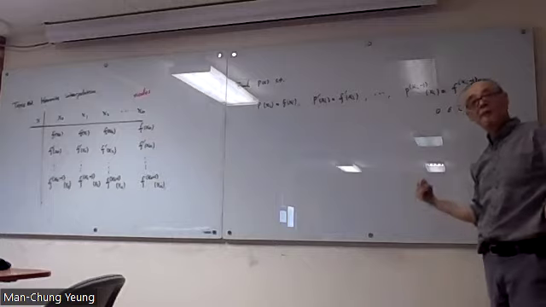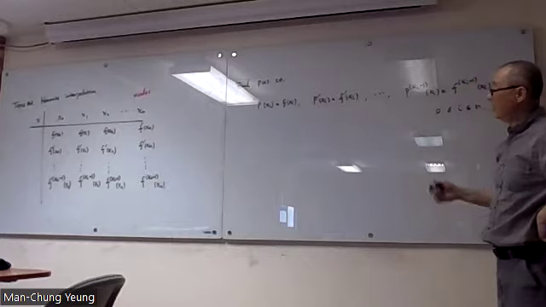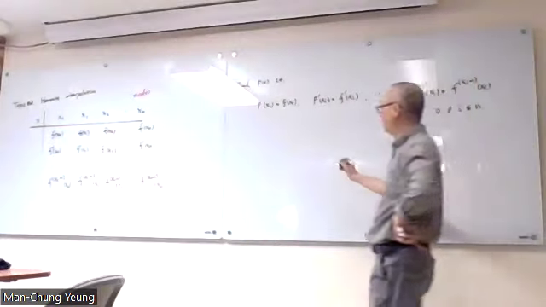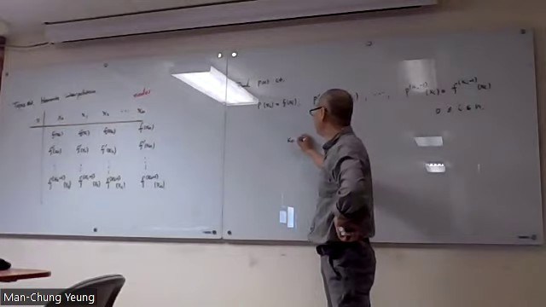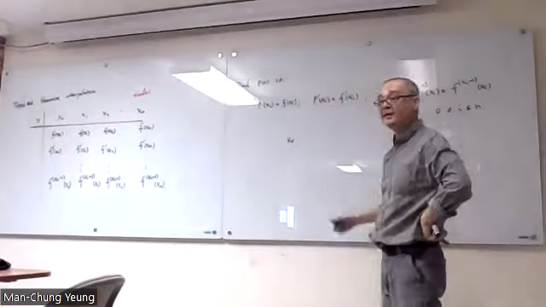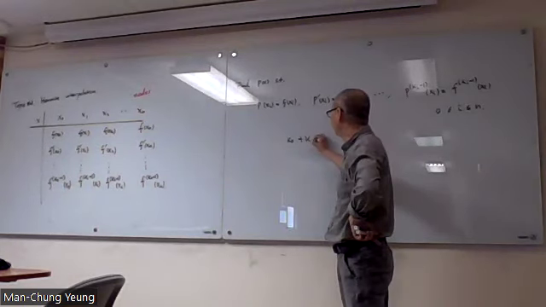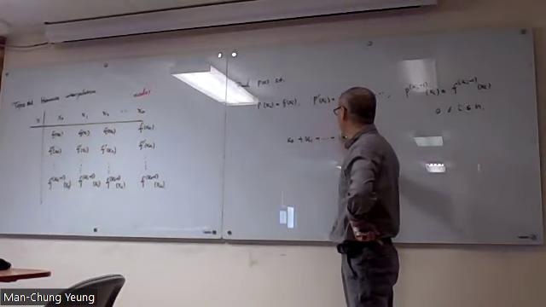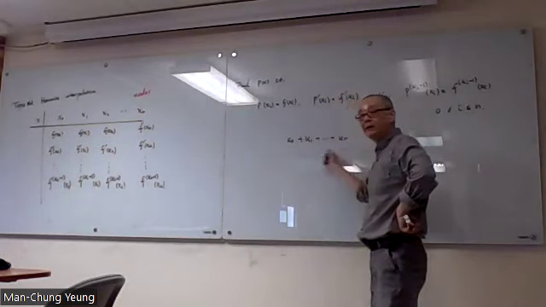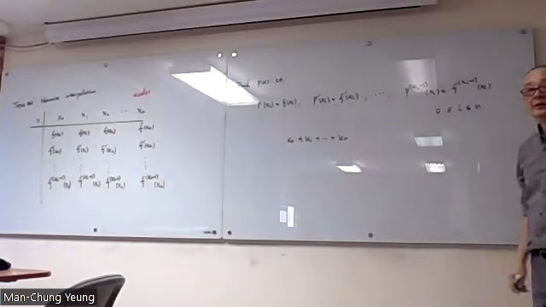How many equations? For i equal to 0, we have k0 equations. For i equal to 1, we have k1. For i equal to n, we have kn. So in total, there are so many equations.